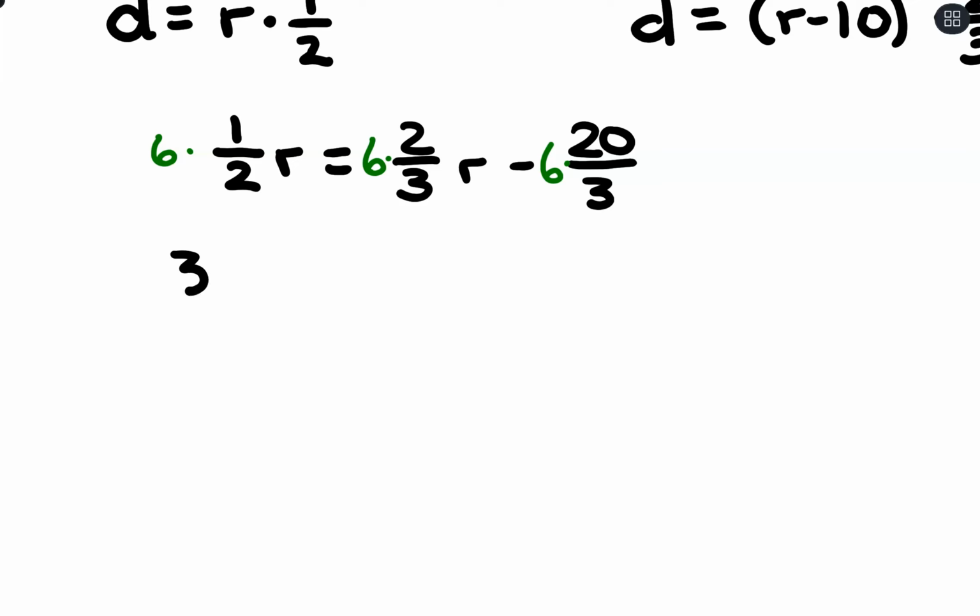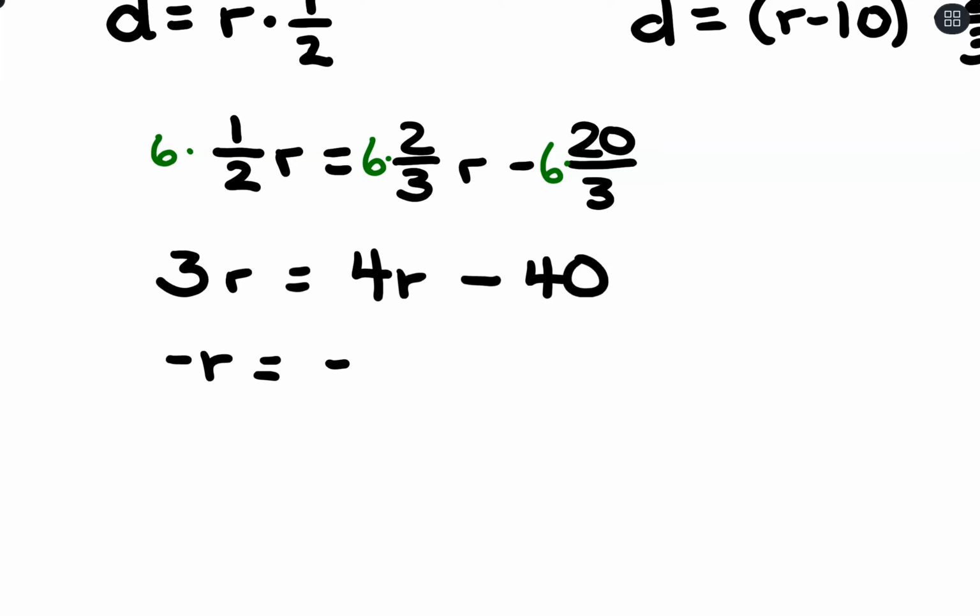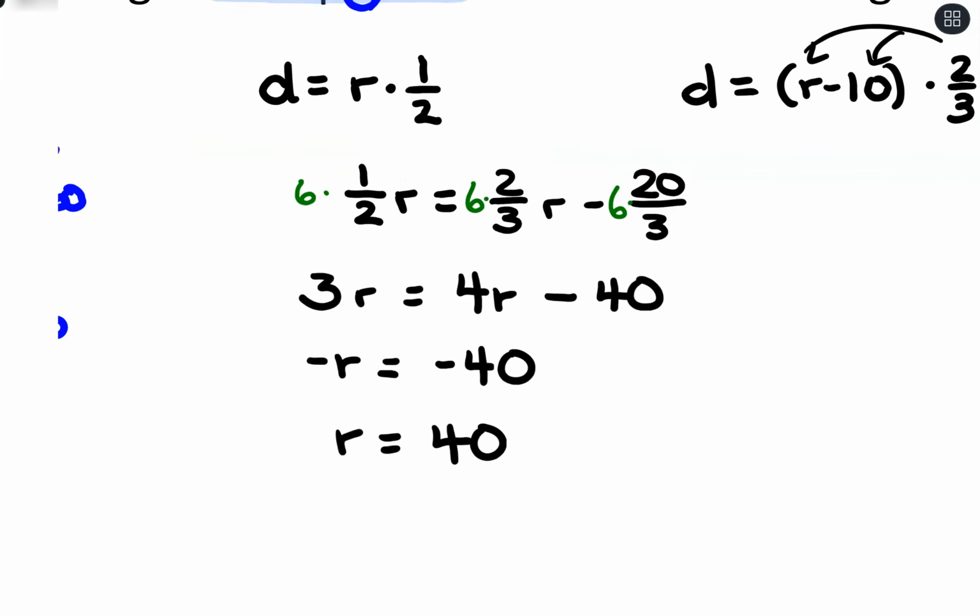Which would leave me with 3r equals 2 times 2r, so 4r, minus 2 times 20, 40. Subtract 4r from both sides, multiply both sides by -1, so r is 40.